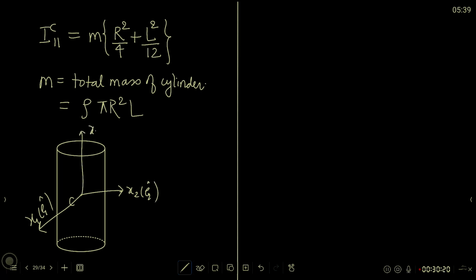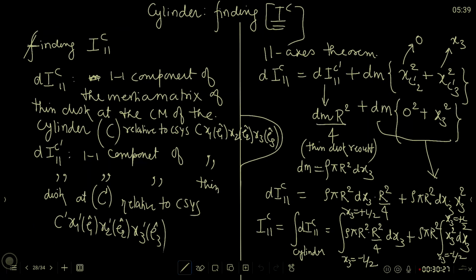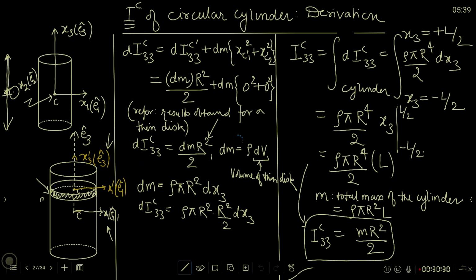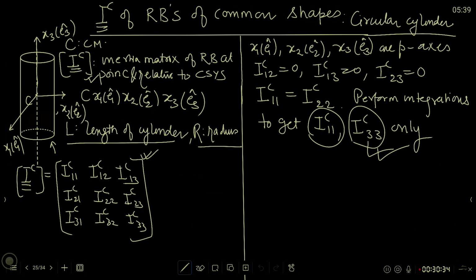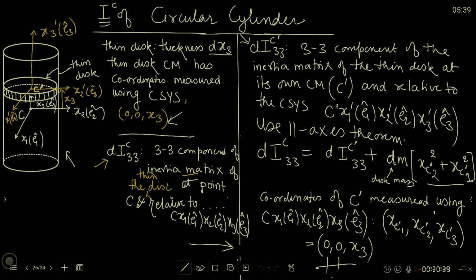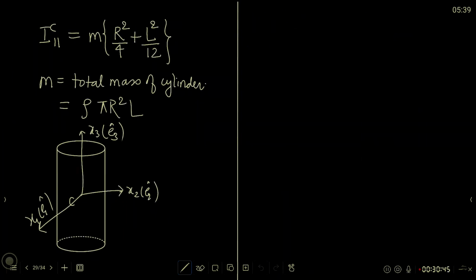Recall, I needed only two terms, IC33 and IC11. IC33 I found earlier, now I have found IC11, and with these two quantities I am in a position to present the full inertia matrix of the cylinder at C relative to this frame.